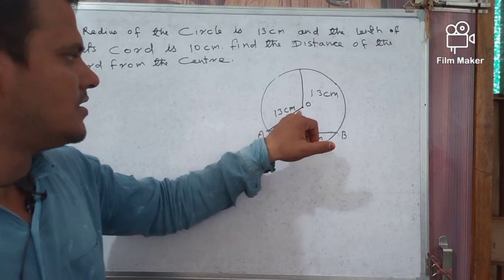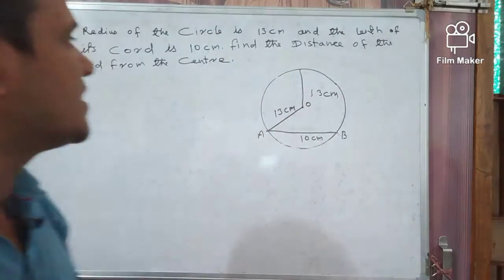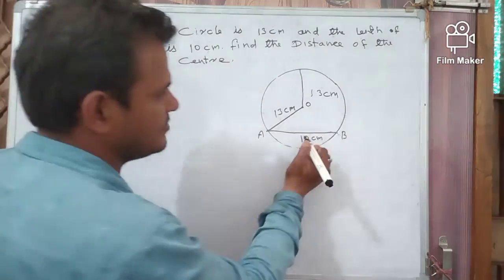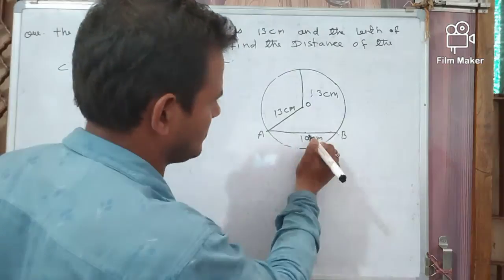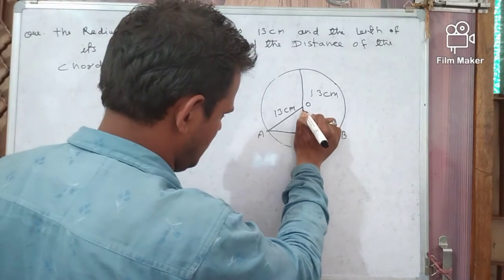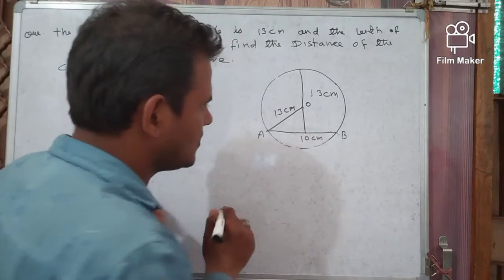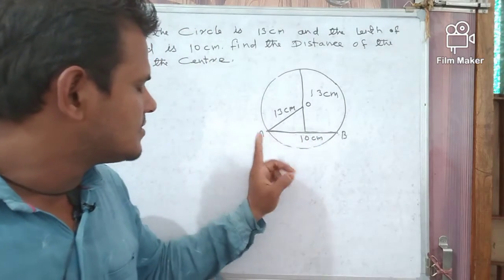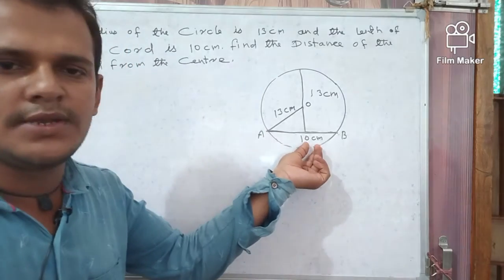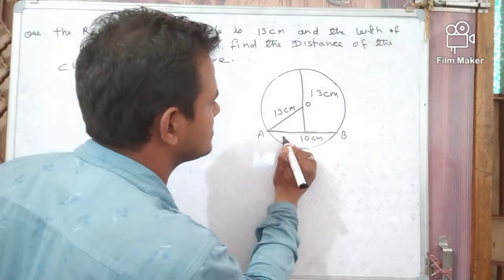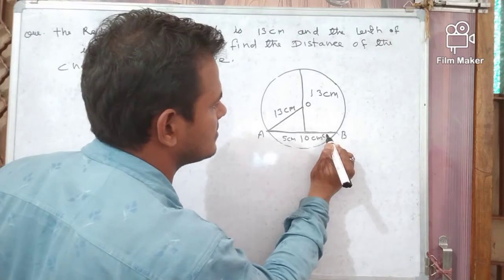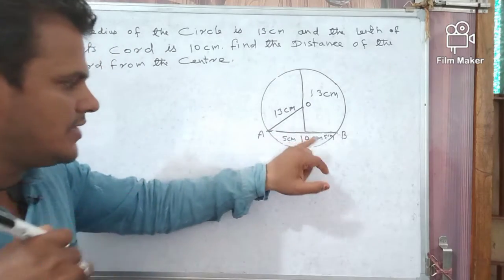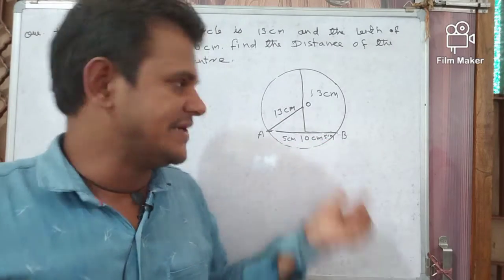Our target is to find the distance of the chord from the center. So total chord length between A and B is 10 centimeter, so half will be 5 centimeter and here 5 centimeter. Half 5 and half 5, this is 10 centimeter.